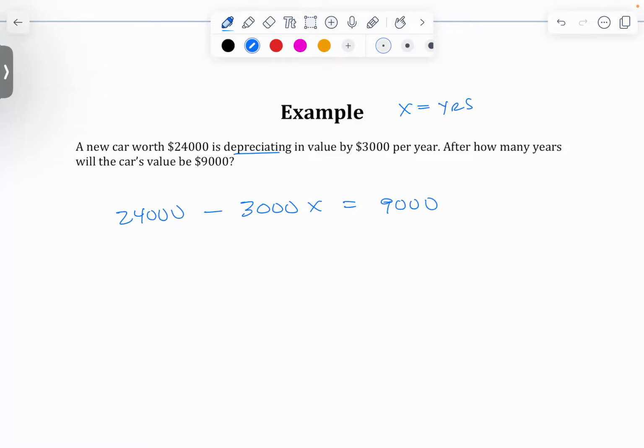Once again, simple equation to set up. Solve it down piece by piece.